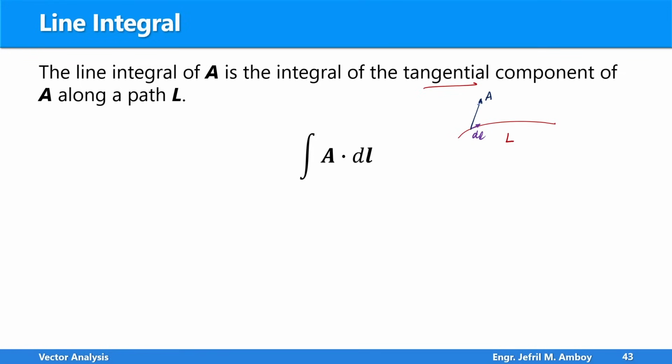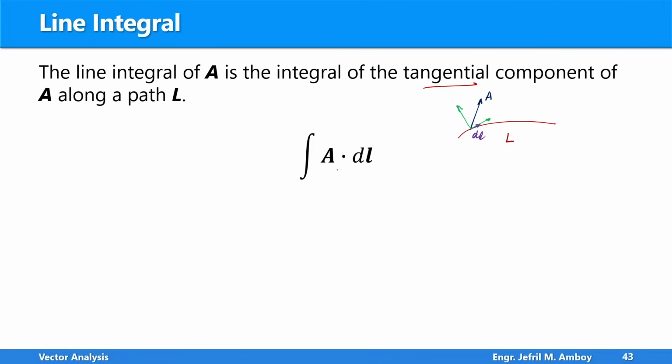If we resolve this vector, its tangential component will be this. This is the tangential component of vector A, and on the other hand, this is the normal component.